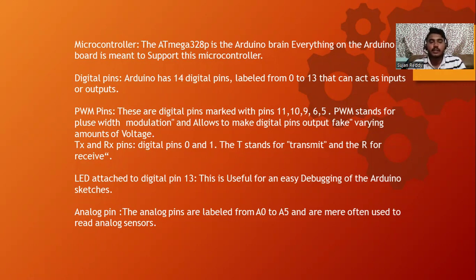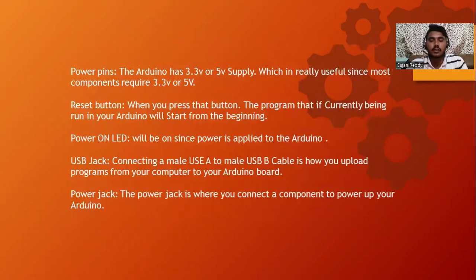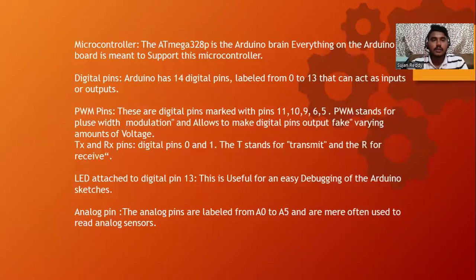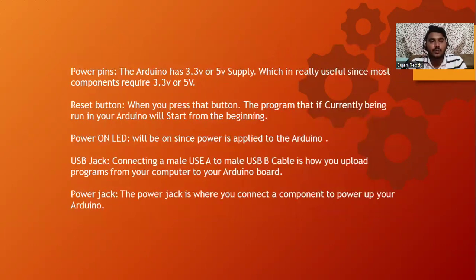The next major part is the analog pins. The analog pins are labeled from A0 to A5 and are often used to read analog sensors. Then there are the power pins, the reset button and the power on LED. The power pins have a 3.3 volt and 5 volt supply, which is really useful since most components require 3.3 or 5 volts.